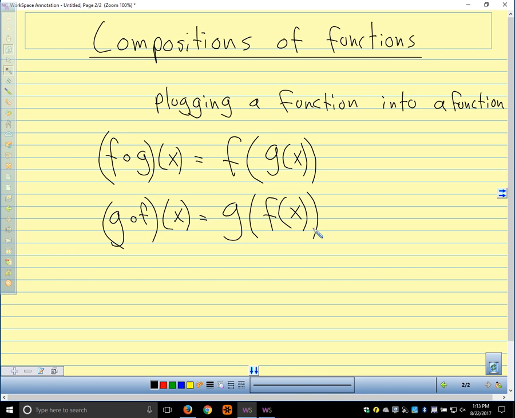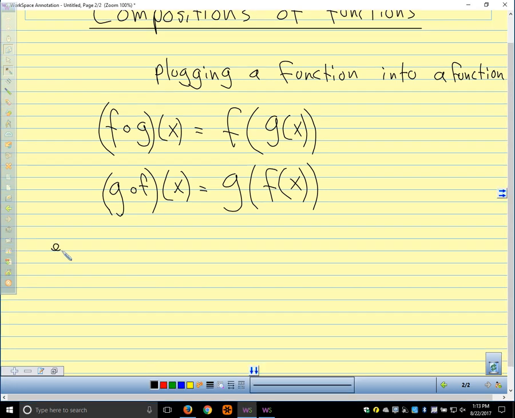Compositions of functions are not necessarily more useful than the other kinds of combinations of functions, but they usually tend to be more interesting in terms of how they work and what you do with them.